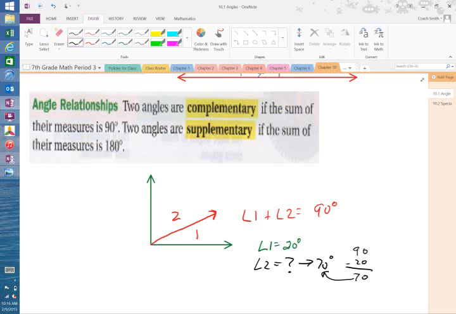That's what happens when you have two angles that are complementary: they equal 90 degrees.